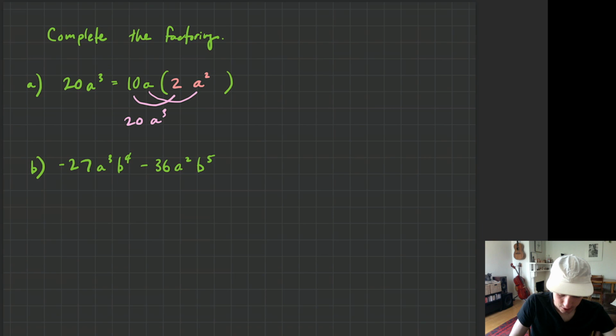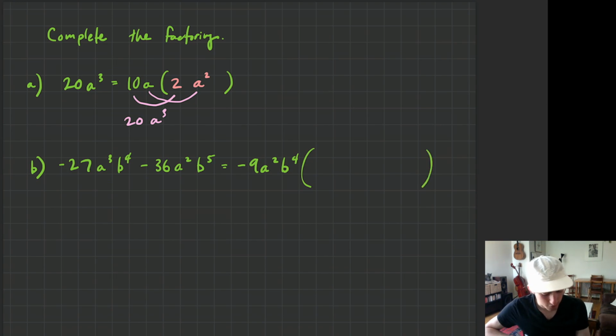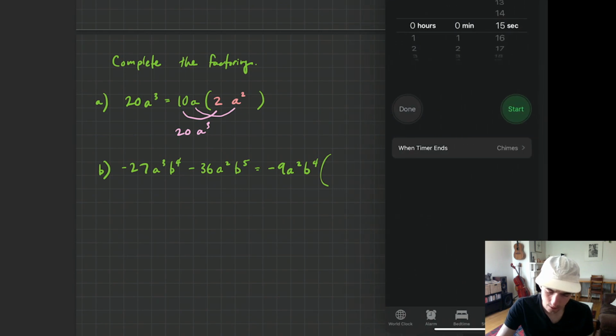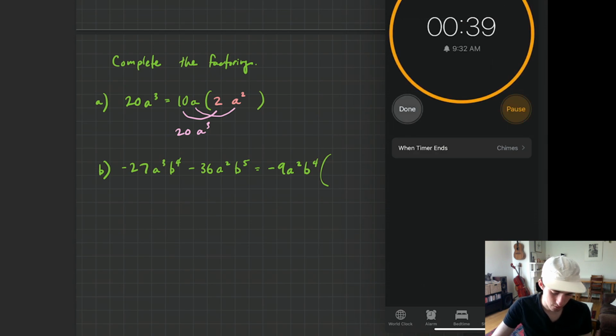That's the expression that we're factoring, and we've already factored out a 9a squared b to the 4, and I want to know what's left over. If I were to factor out a negative 9a squared b to the 4, what's left over? I'm going to give you maybe a little more than 15 seconds. Let's do 40 seconds for this one. Go.